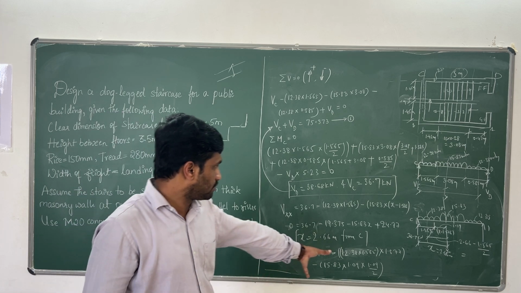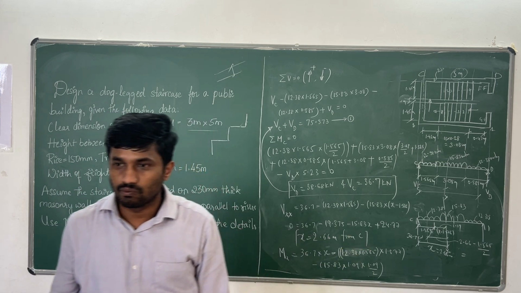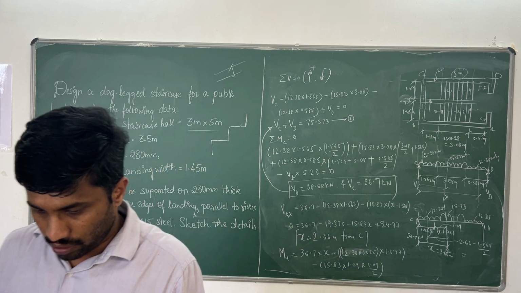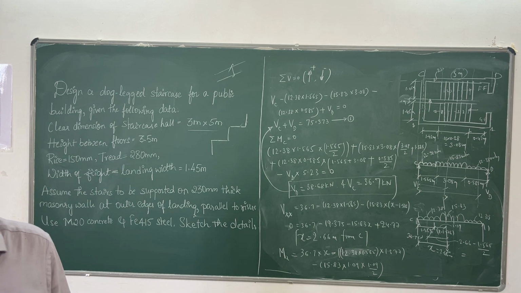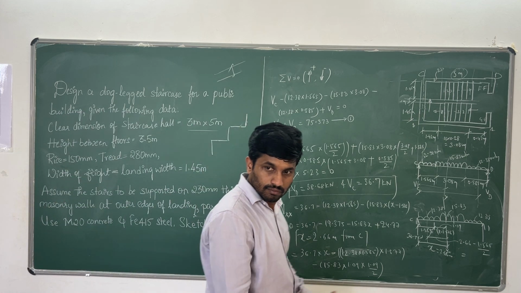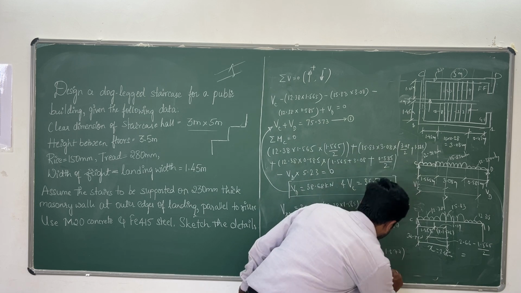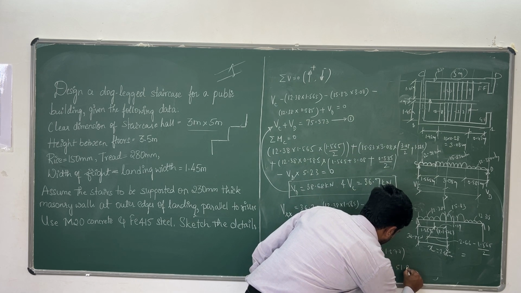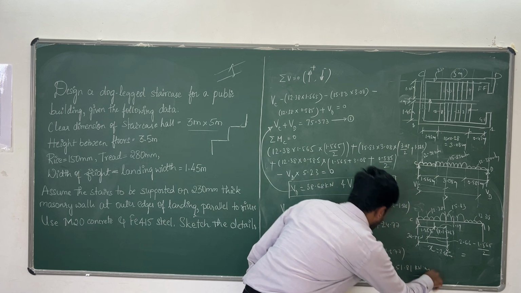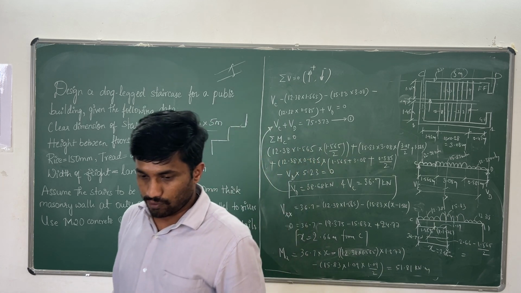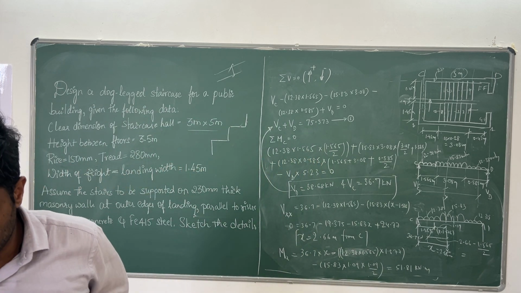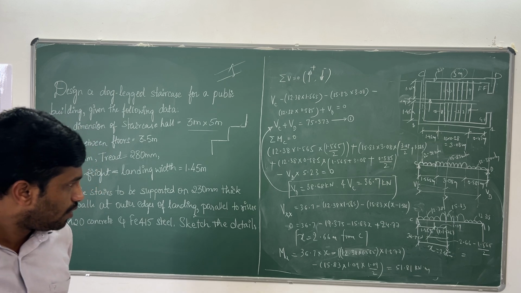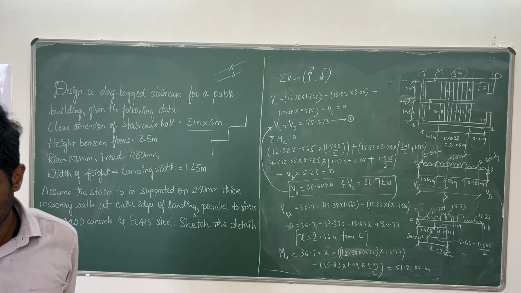First load into distance, the distance by 2. Clear? So how much have you got? 51.81. Please check the answer. 51.81 kilonewton meter. Right?